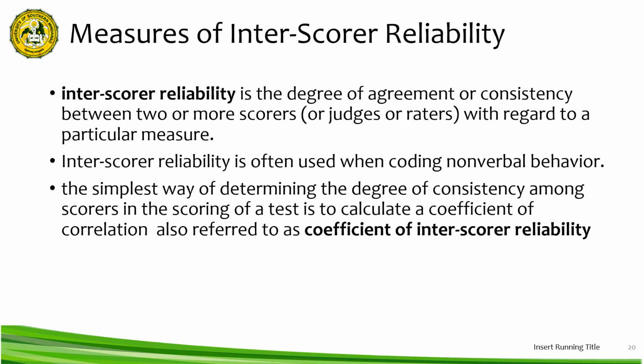So interscorer reliability is often used when coding nonverbal behavior. The simplest way of determining the degree of consistency among scorers in the scoring of a test is to calculate a coefficient of correlation, also referred to as the coefficient of interscorer reliability.